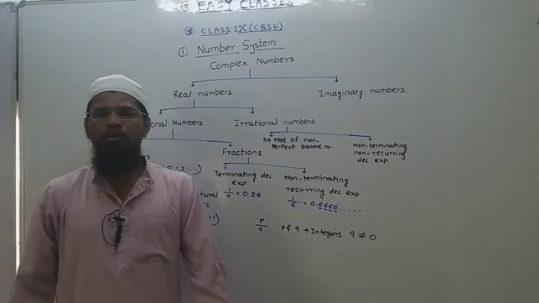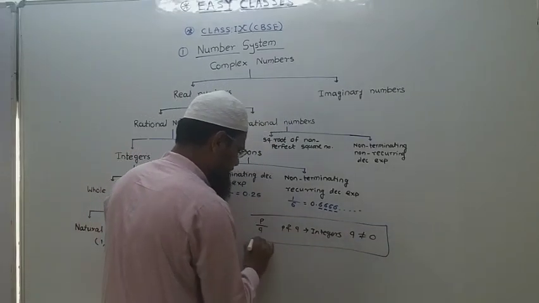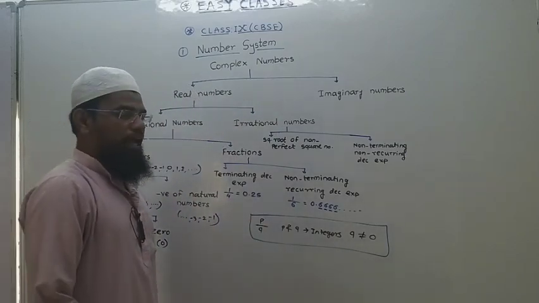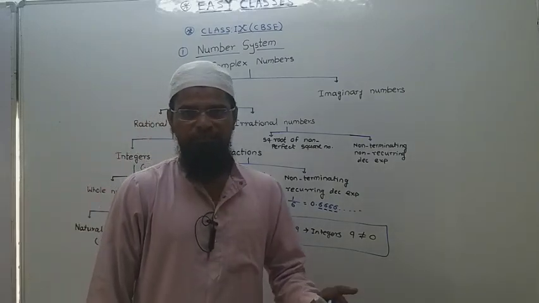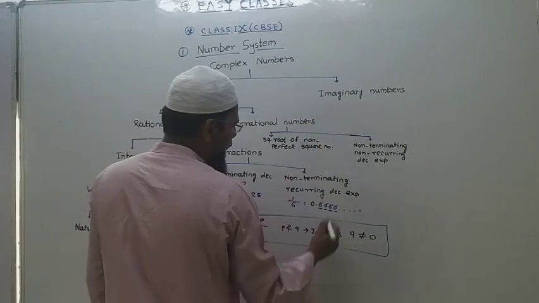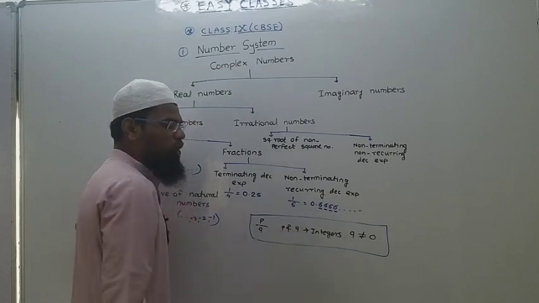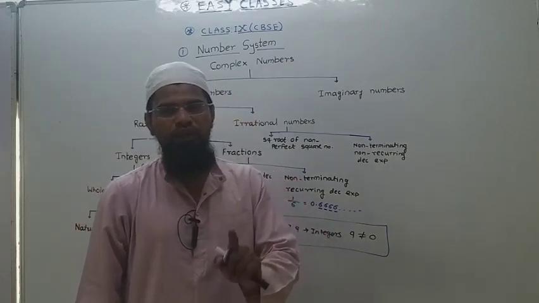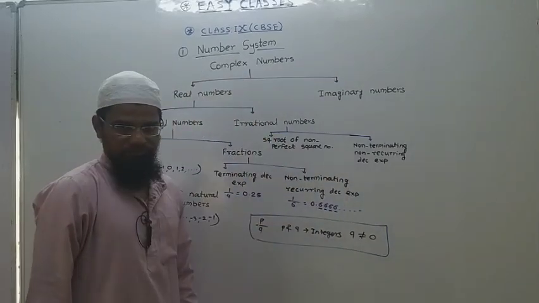What is an irrational number? The condition for a rational number is this, and an irrational number is the opposite. The numbers which cannot be expressed in P upon Q format, where P and Q both are integers and Q is not equal to 0, are known as irrational numbers.